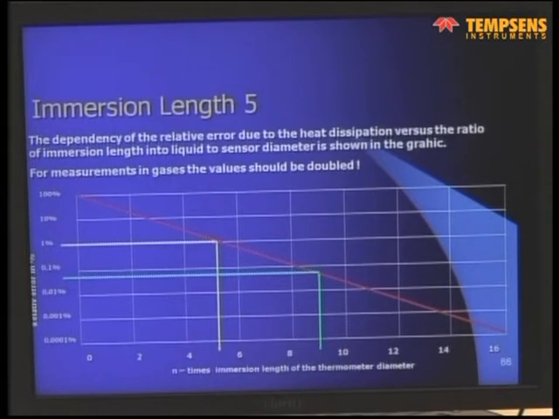Or vice versa, 5 times the outside diameter produces an error of somewhere around 1%. 1% at 1,000 degrees is only 10 degrees, so it's just 2.5 times the outside diameter for class 1. Nothing else.